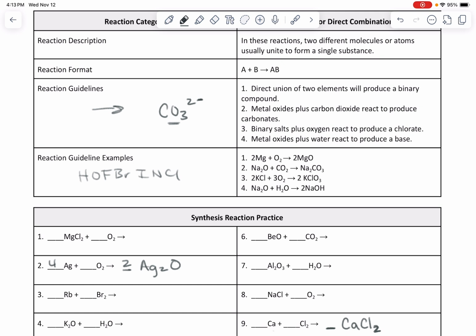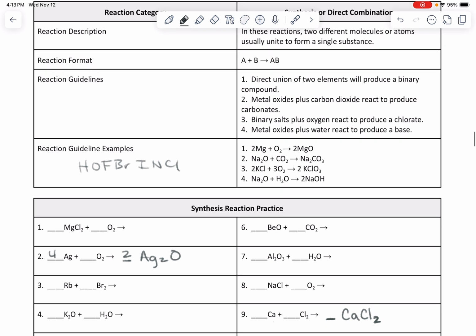We need to get a cation to this carbonate, and the way that this works is the metal in our metal oxide becomes the cation to our carbonate. I'll show you this through several examples. It's a little easier to understand when we're working with real things. So let's take a look down here.